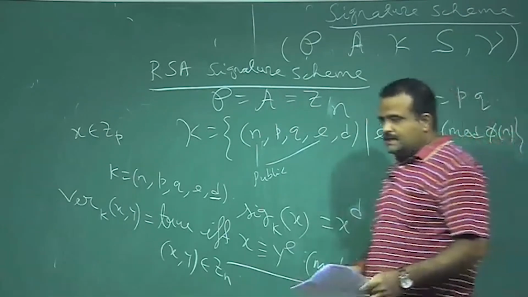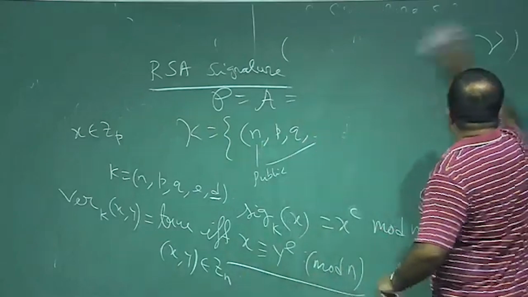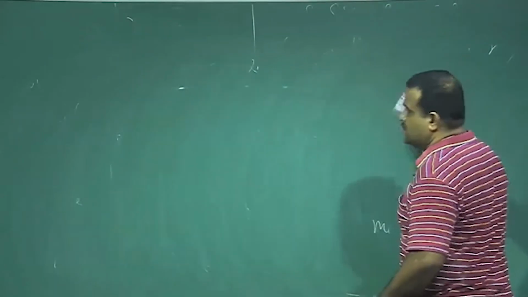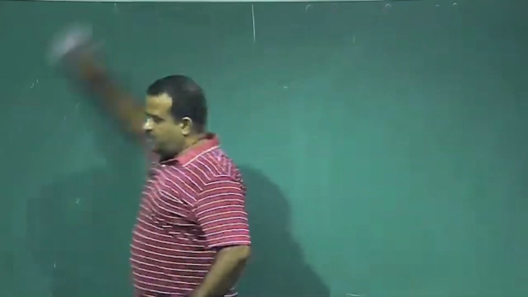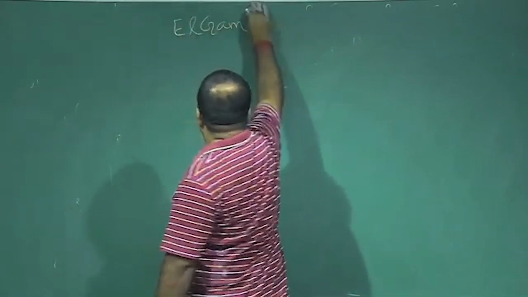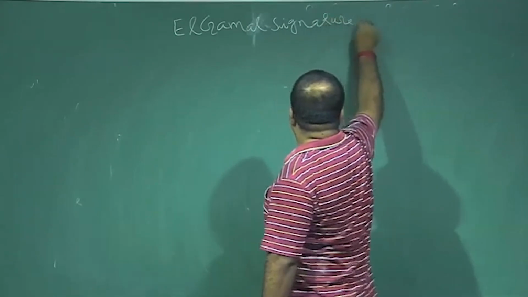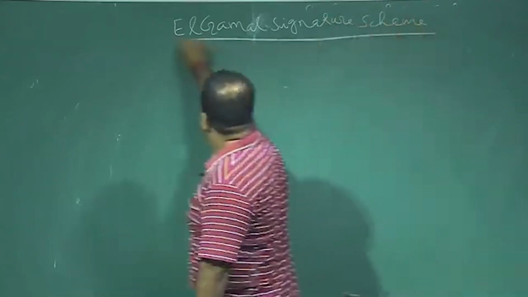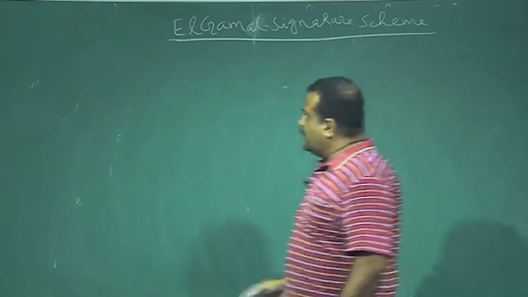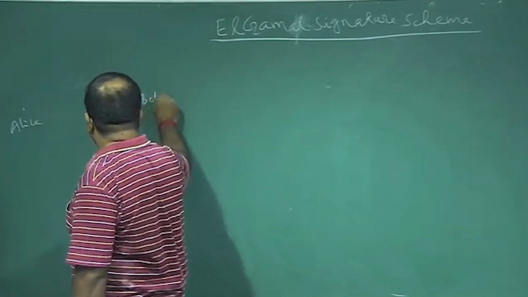Now, we will talk about the Elgamal signature scheme. So, let us quickly recap what the Elgamal cryptosystem is. In the Elgamal cryptosystem we have two parties, Alice and Bob.